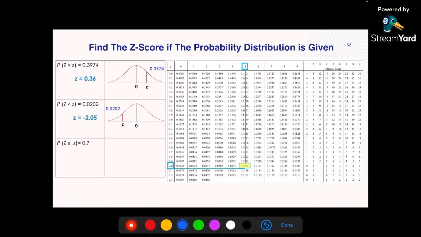This is 0.0202. You can see clearly. So the value here adalah akan jadi 2.05. So this is 2.05. But then kita kena letak negatif. Why? Because dia berada di sebelah kiri, left hand side of 0. So that's why the value will be negative 2.05.